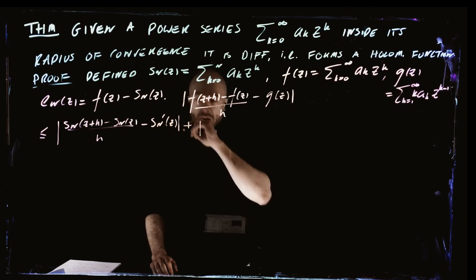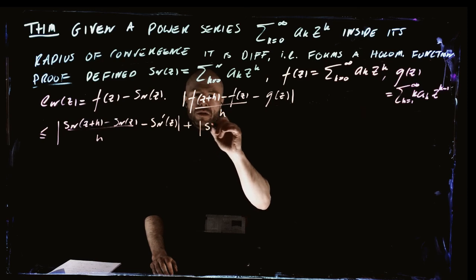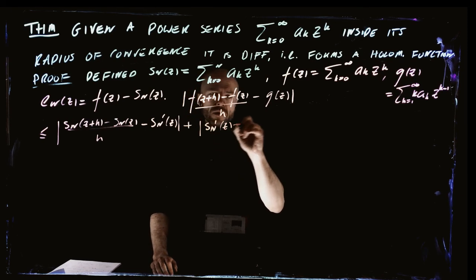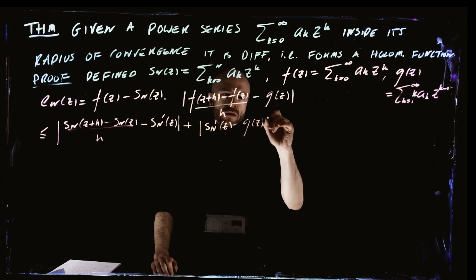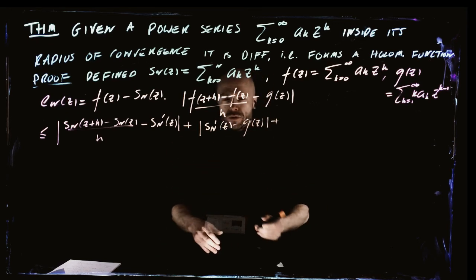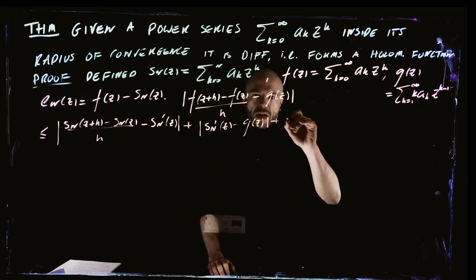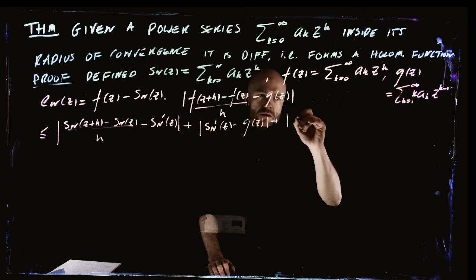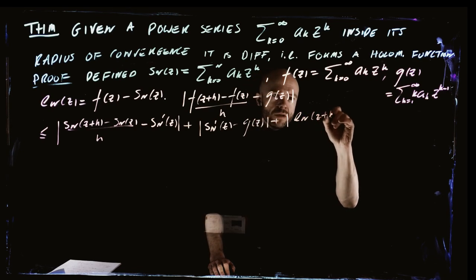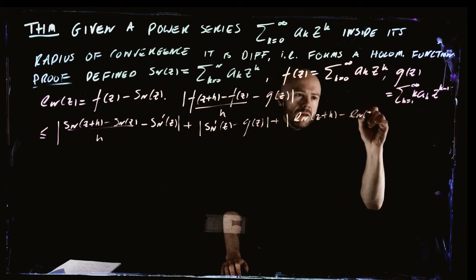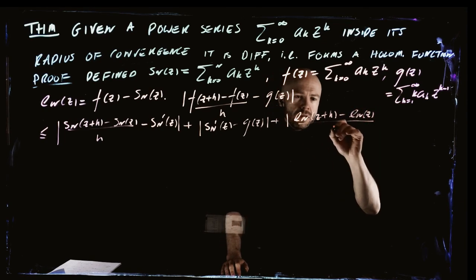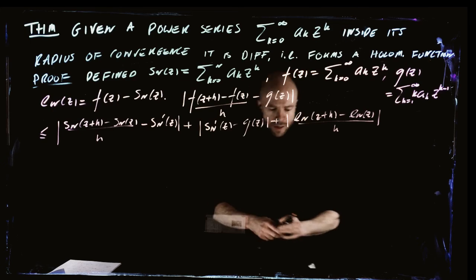And then we had S_n prime of z minus g(z). Again, this is obviously controllable. And then we had this thing, (E_n(z+h) minus E_n(z)) over h.